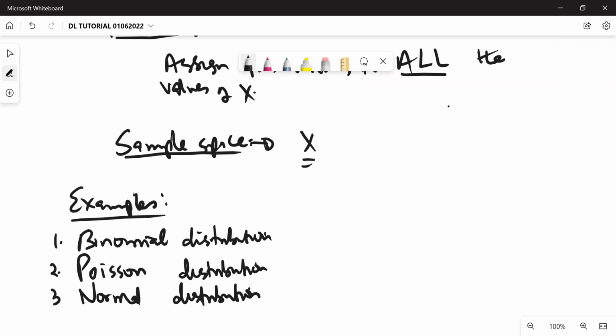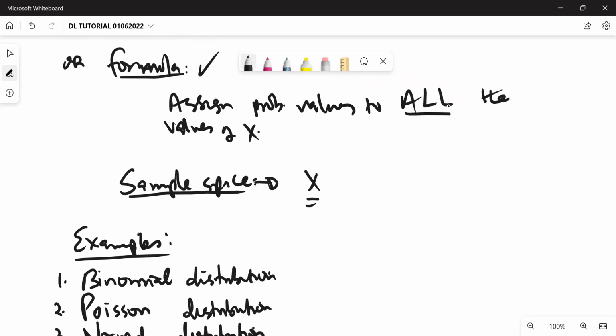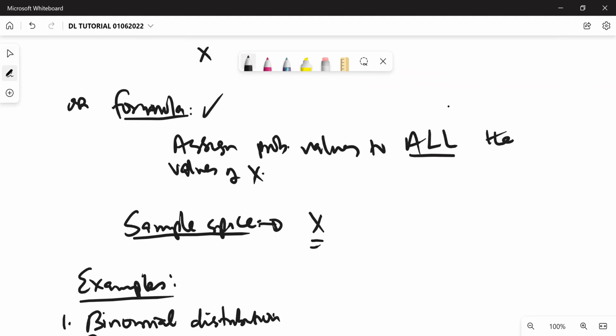For convenience, we'll be focusing on probability distributions in the form of formulas, so we'll not be working so much with graphs or tables. But of course, from the formula, you can always come up with a table or a graph.